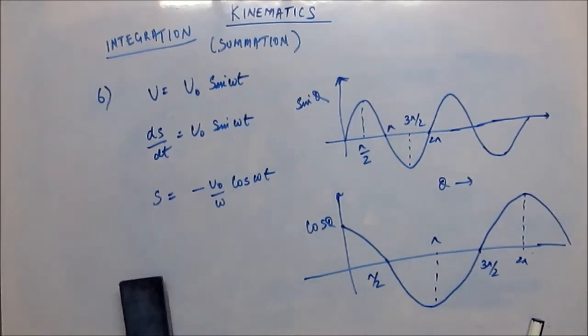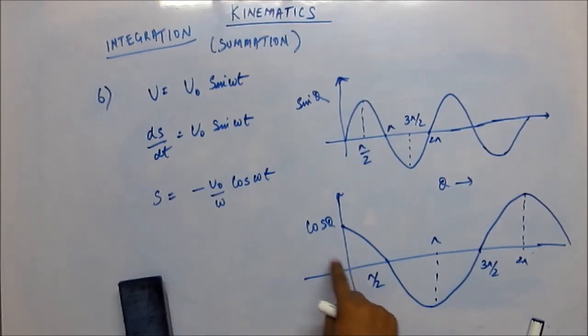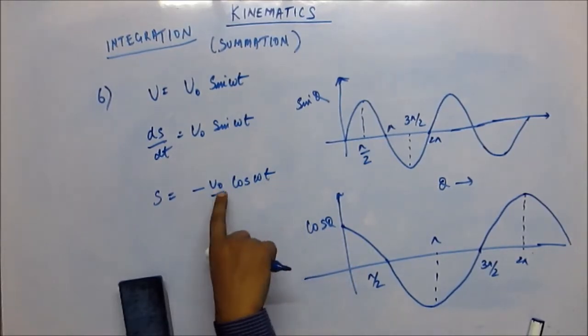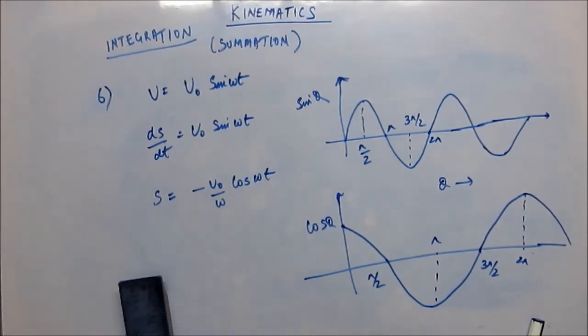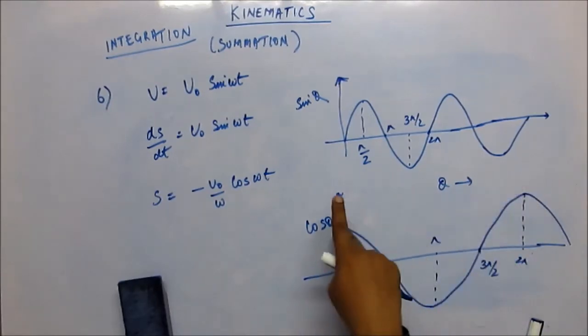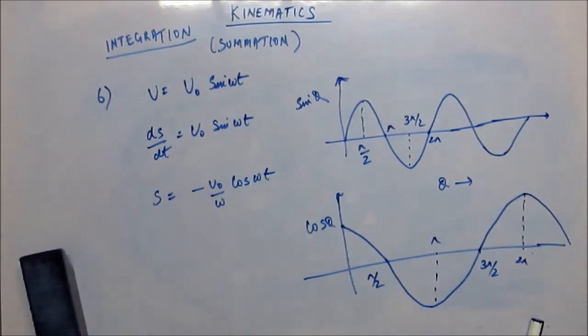So it continues. If you're looking at one time period, this is displacement. At t equal to 0, cos 0 is 1. So this value is minus v0 upon omega. Now if you're looking at one complete time period, again the value of cos is going to be 1, and displacement is again going to be the same. So net displacement in one time period will be 0.